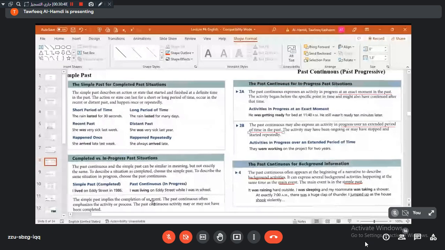The past continuous activity may or may not have been completed. So for the simple past, I'm talking about a completed event, while with the past continuous, the action or situation may be completed or not.